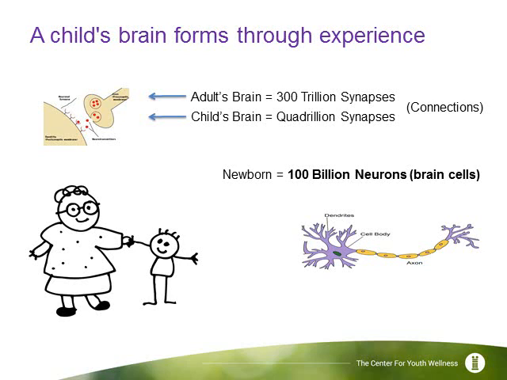Each moment, each eye contact, each new word exchanged, each time you make a child laugh, you're strengthening these connections. During these early years, a child's brain makes as many connections as possible, and then it begins pruning the ones that aren't used and strengthening the ones that are. This is neuroplasticity, a dynamic process that continues throughout one's lifespan.